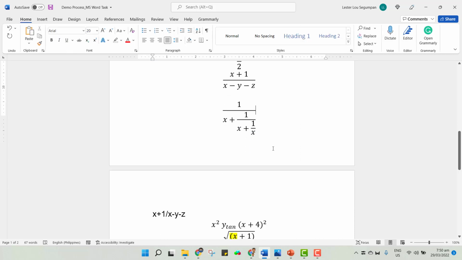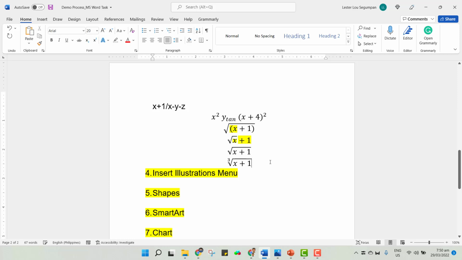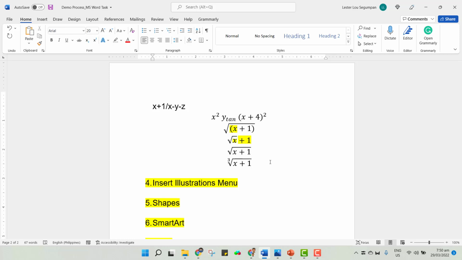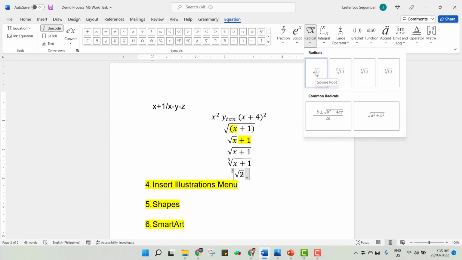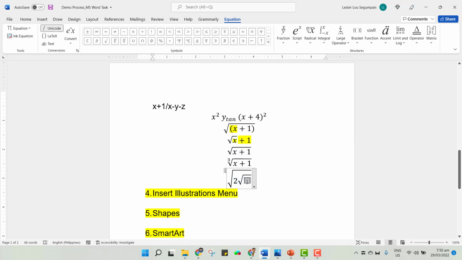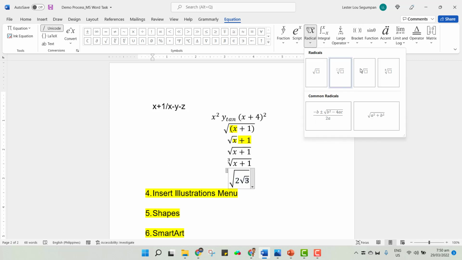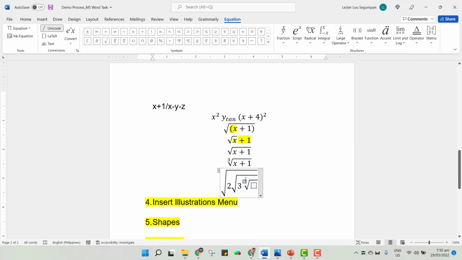I was reminded because you could also do it here for radicals. Plus, you have here a radical expression, square root of 2, say for example, but your radical has a radical as well. So you also need to input here the next one, 3, and then a cube root, 3, 4.